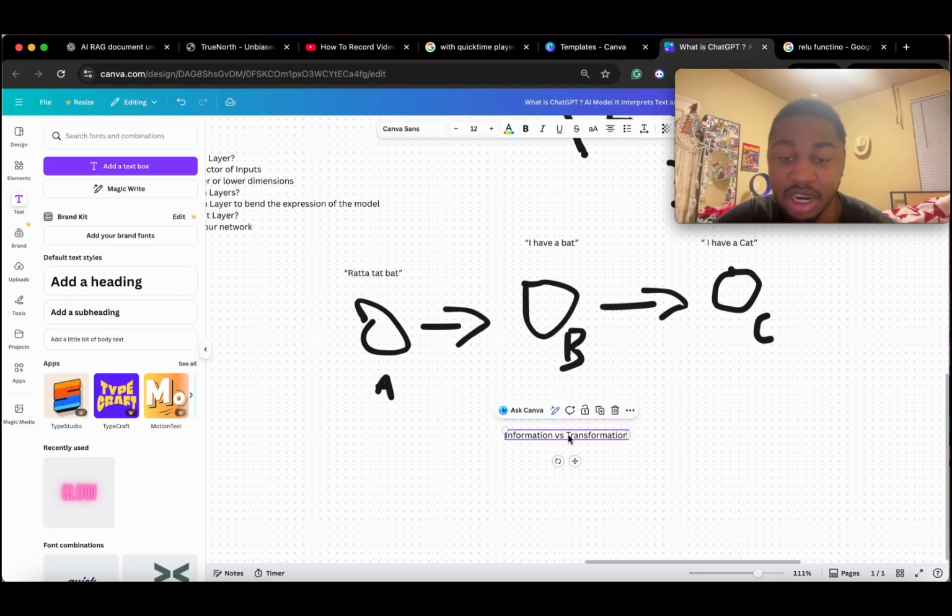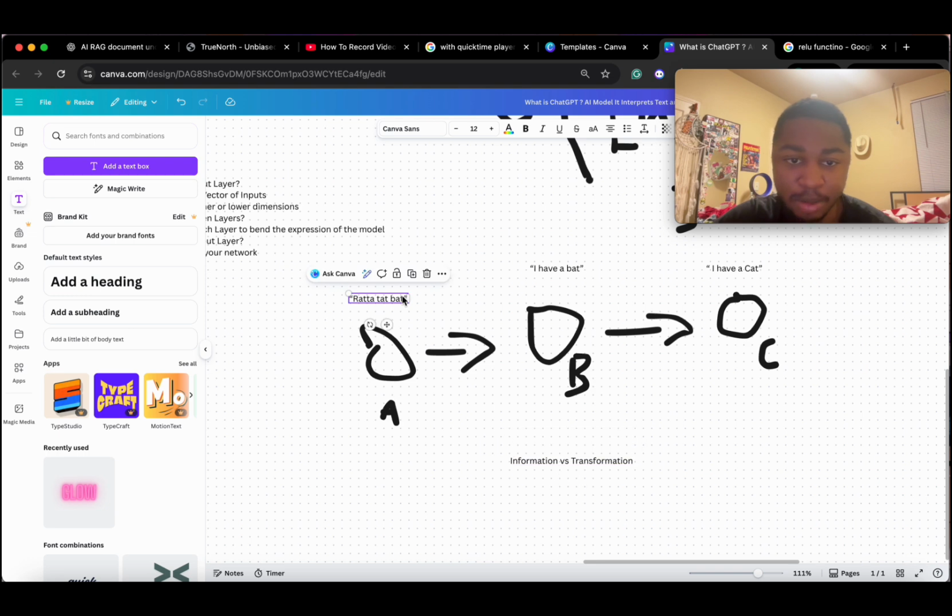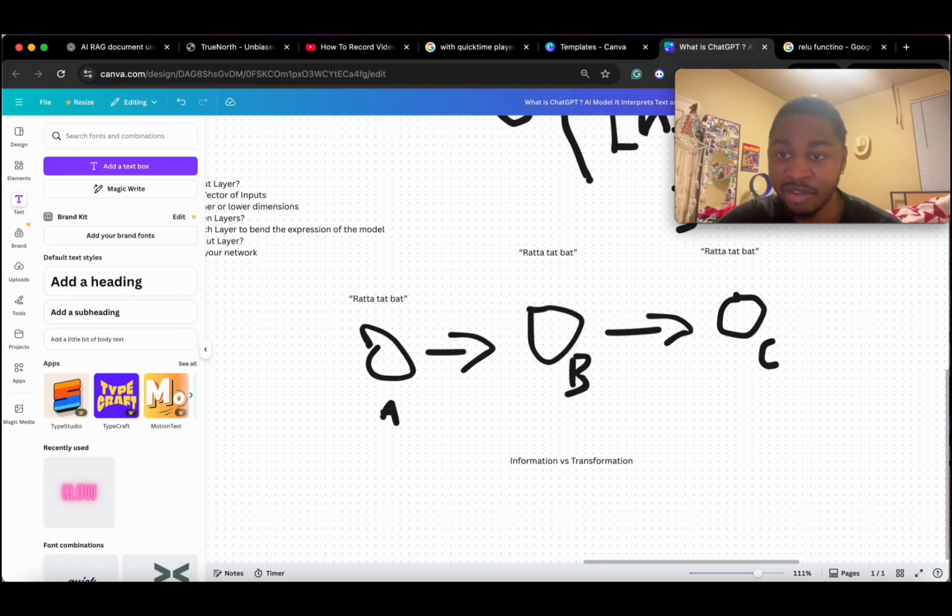As you maintain more information, so maintaining information would be like, instead of having I have a bat, it'd just be the same thing every single time. It maintained its information, right? So this is what it means to maintain information. This is bad in this case. Why? Because the original information was noisy, right? In the case where it wasn't noisy, like I have a cat, yeah, it would be best.